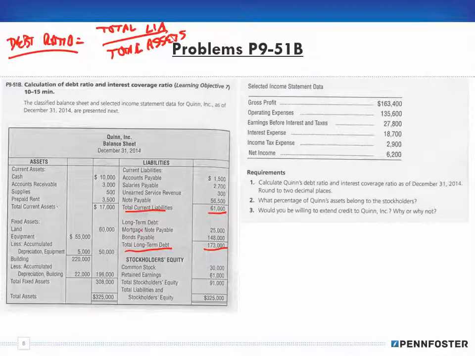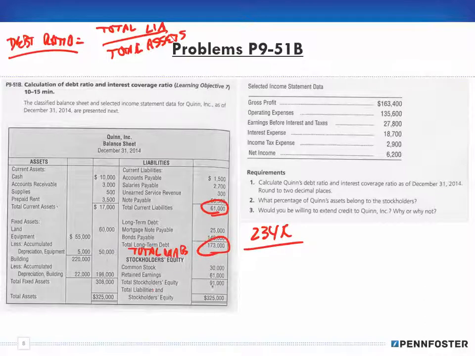And this is why I don't like using this single step format, because the authors did not write in here my total liabilities. I have to actually go and take the 61,000 plus the 173,000 and do the math myself in order to get the 234,000 for my total liabilities.